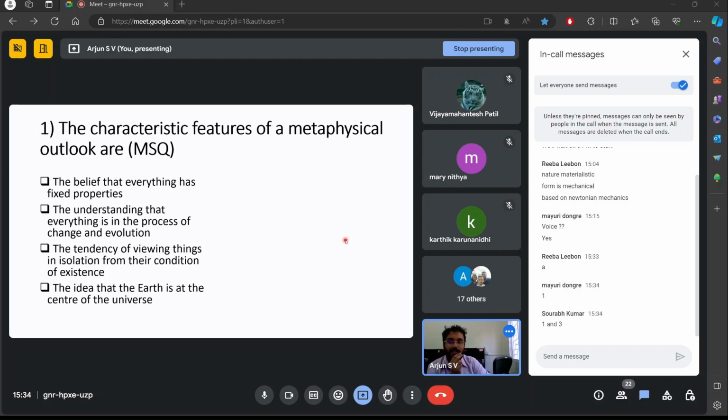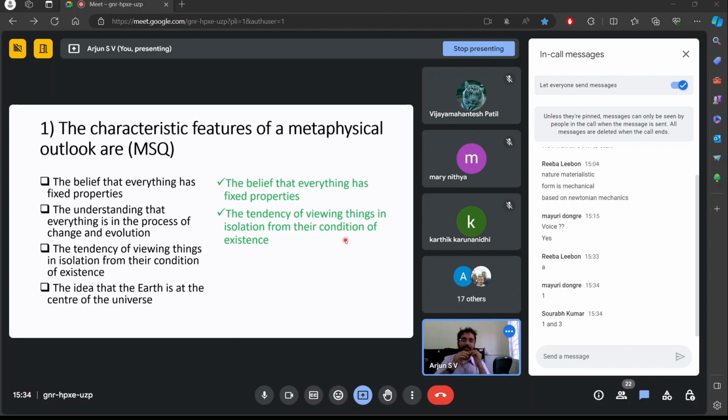Saurabh Kumar is saying 1 and 3. Option 3 is the belief that everything has fixed properties, and the tendency of viewing things in isolation from their condition of existence. Yes, but can you elaborate on that? Of course it's correct, but the third option is a stretched out version of option 1 as well.